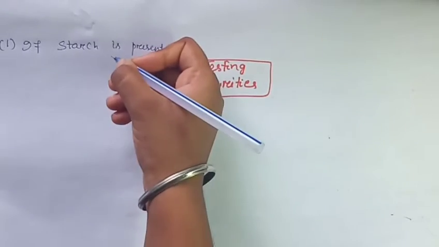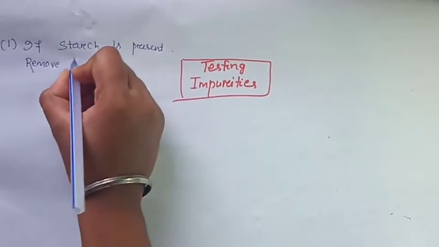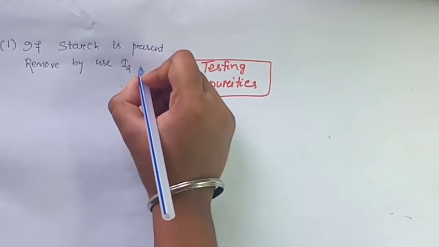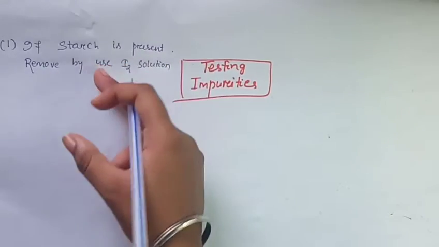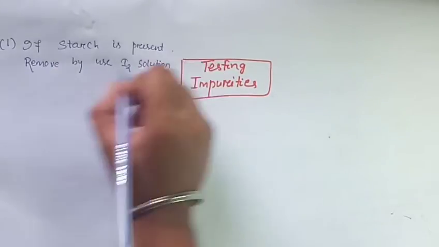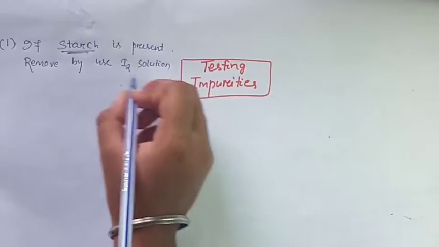To know about the presence of starch, we use iodine solution. Iodine, when we add it, produces a blue color due to reaction with the starch. Then we can test for the starch and remove it by this procedure.